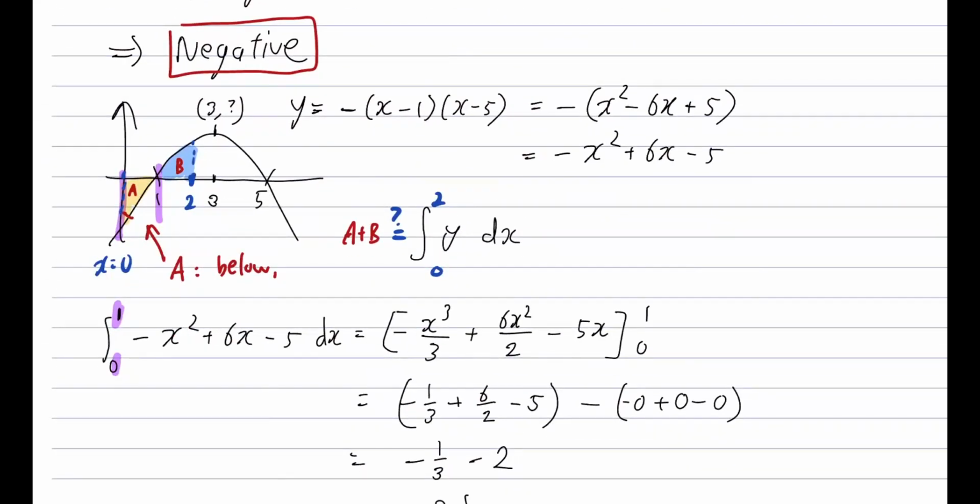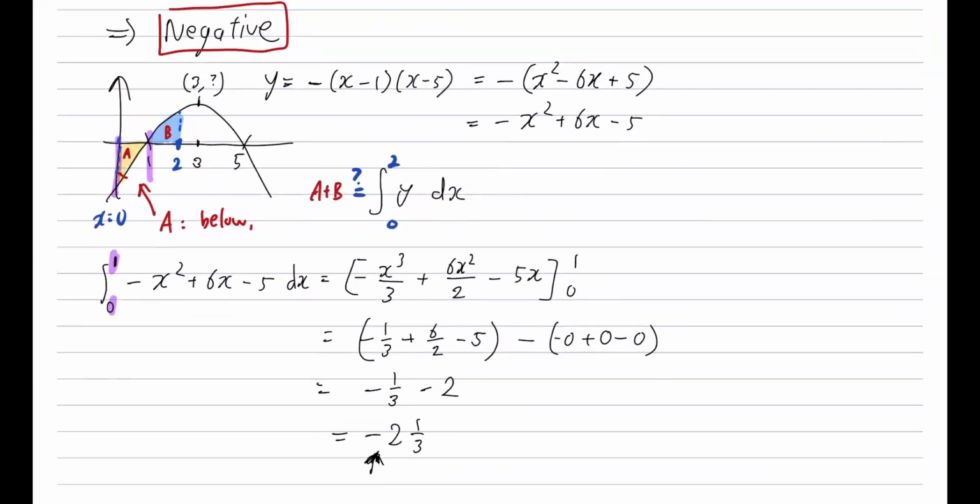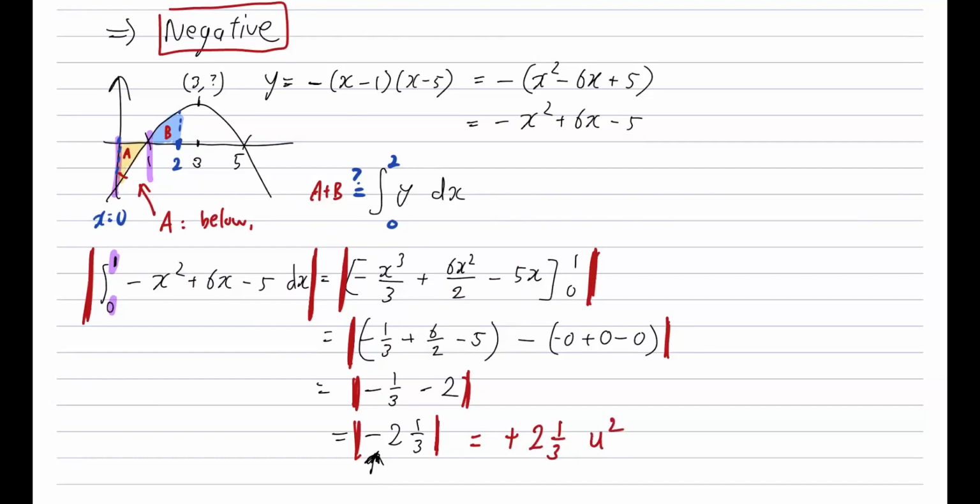So what we really need to do is take the modulus of this whole integral, so that it becomes the positive version, positive 2 1/3 unit squared. So the answer here is no, because A is below the x-axis.